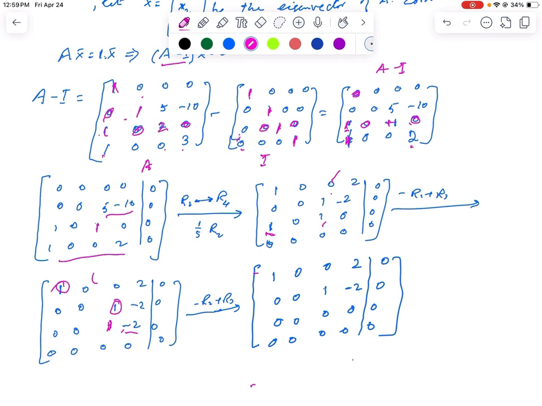Because these are the pivot columns, these are not free; these are what we call the basic variables. So what are the free variables? We have no pivots in the columns for x2 and x4, so x2 and x4 are free variables.